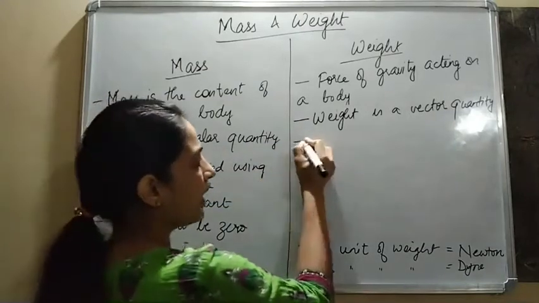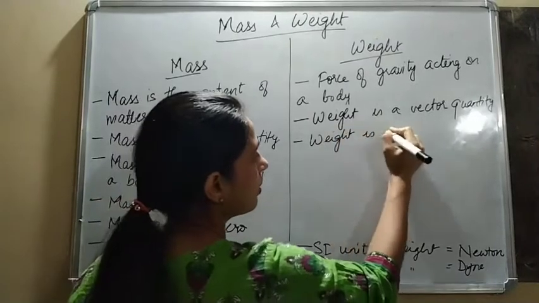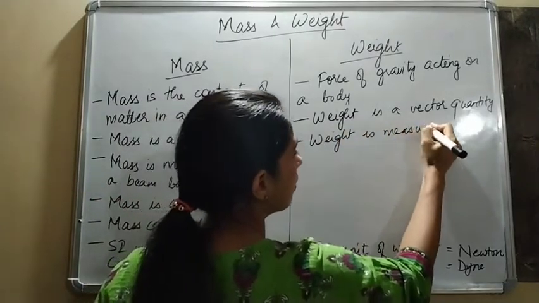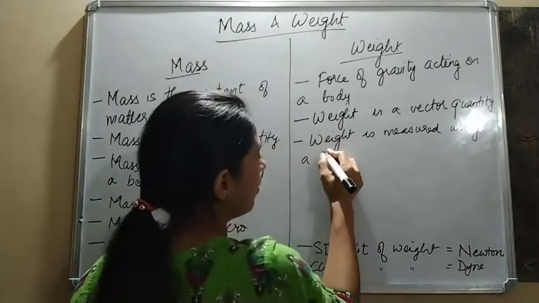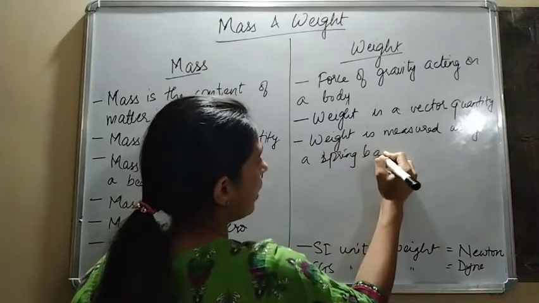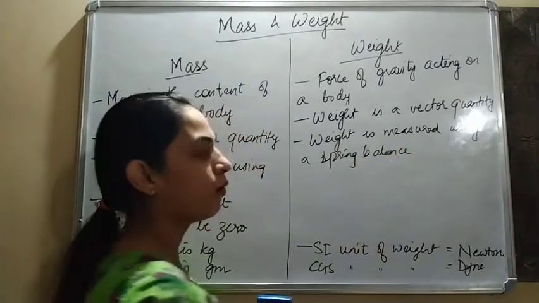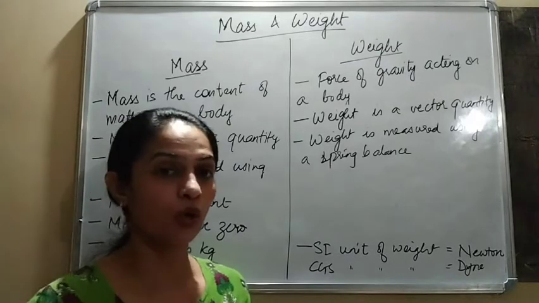How is weight measured? Weight is measured using a spring balance. If you would have been in school, I would have shown you what the spring balance looks like. But this is your homework.